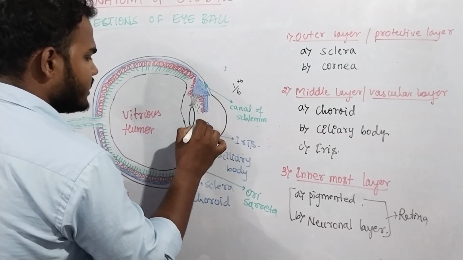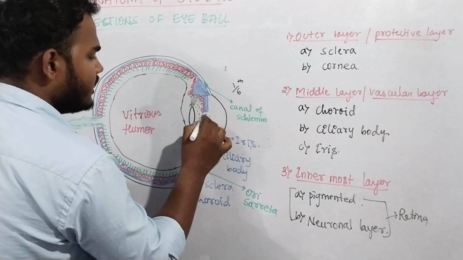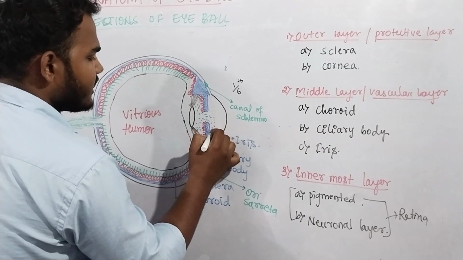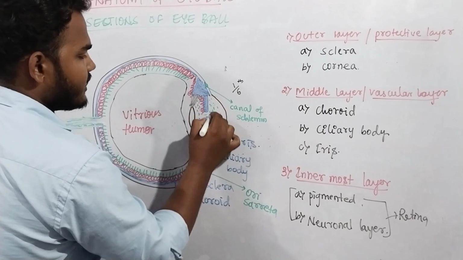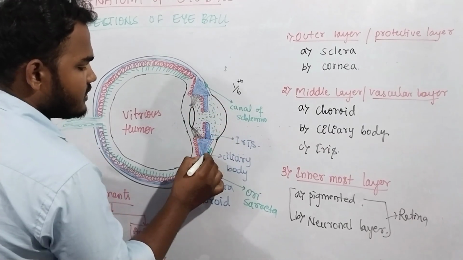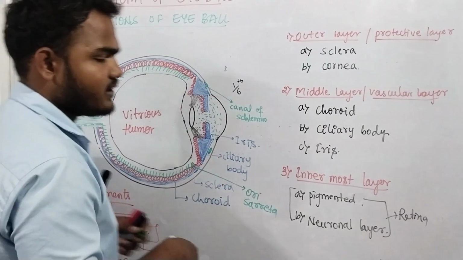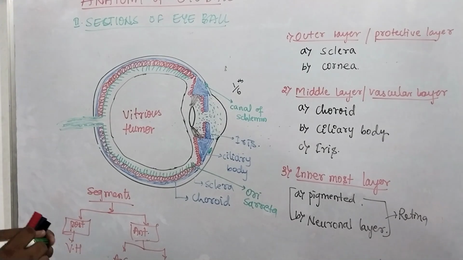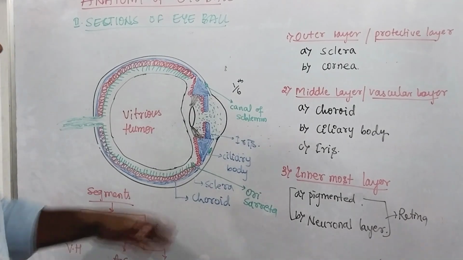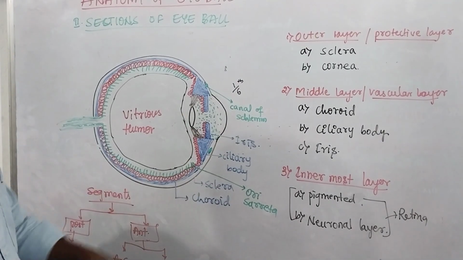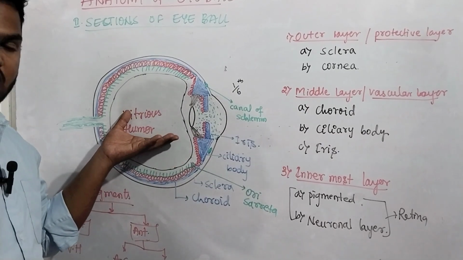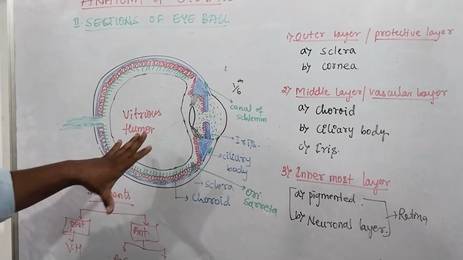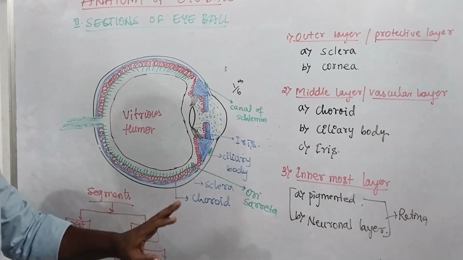From the posterior chamber it drains through the pupil into the anterior chamber, and from the anterior chamber it drains into the canal of Schlemm. Again it is produced here and drains here. This is the circulation of the aqueous humor, and the vitreous body does not circulate. Okay, this is all about our human eye and the segments of an eyeball.